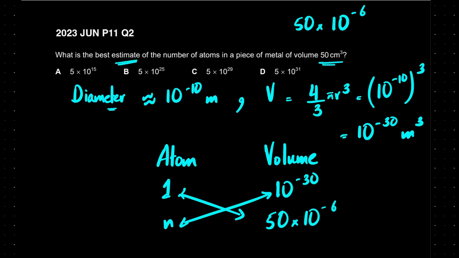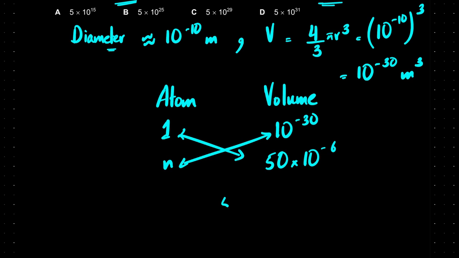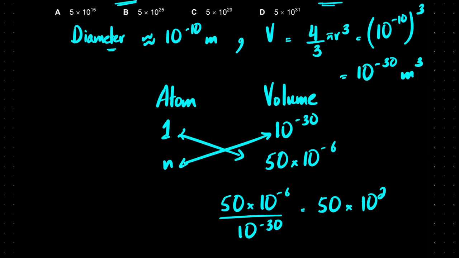So n basically is 50 into 10 to the negative 6 over 10 to the negative 30. So this becomes 30 minus 6, which is 24. So 50 into 10 to the 24, which if you look at the above options, corresponds to 5 into 10 to the 25. So the answer to this one is B. All right, so that's how you do this one.